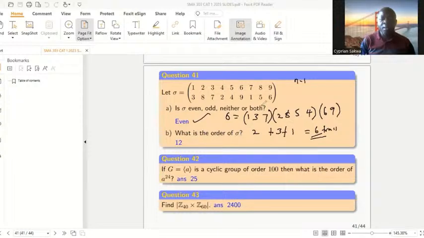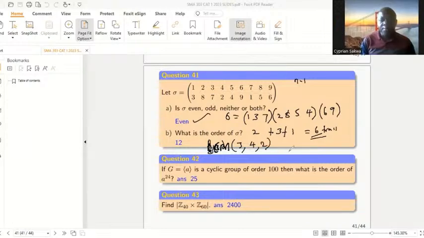For the order, you get the order of the first cycle, the order of the second cycle, and the order of the third cycle, and then the GCD. The order of the first cycle is 3, the order of the second cycle is 4. And, no, not the GCD, it should be the LCM. And this other one is of order 2.